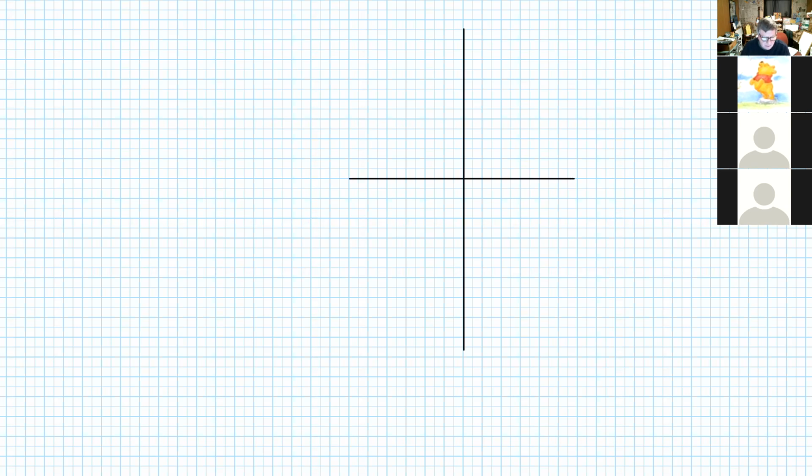And then we'll put a scale on it. There's a 5 and a -5, and a 5 and a -5. Okay. So I've established that each square is 1 unit. Our equation was y equals 1/2 x plus 5.